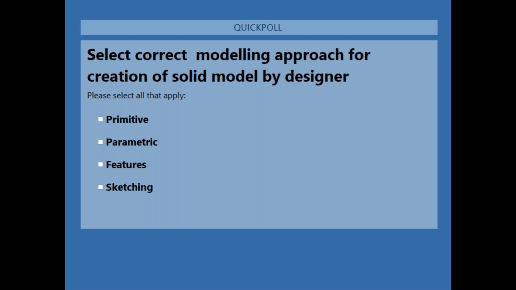So you need to select the correct modeling approach for creation of a solid model, whether it is primitive, whether it is parametric, whether it is feature based, or whether it is the sketching approach. So it is a multiple correct answers choice.